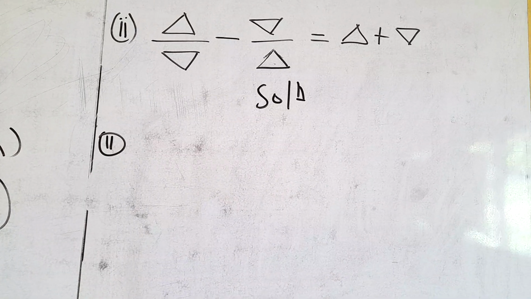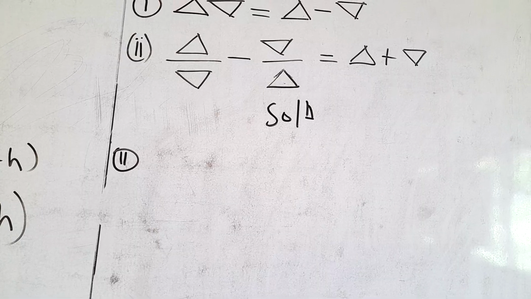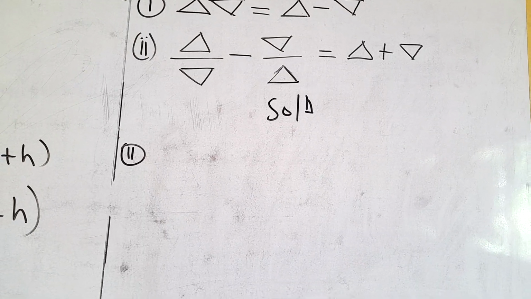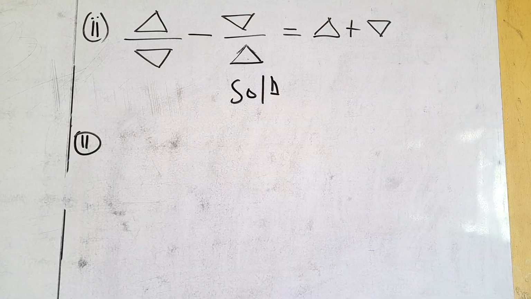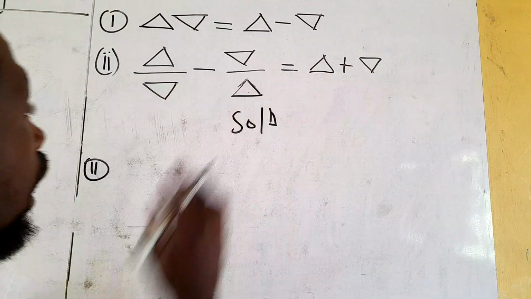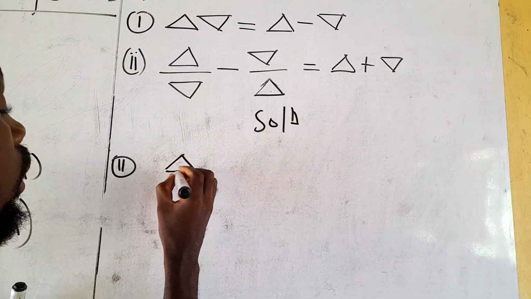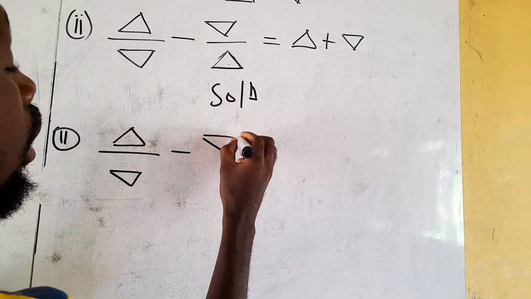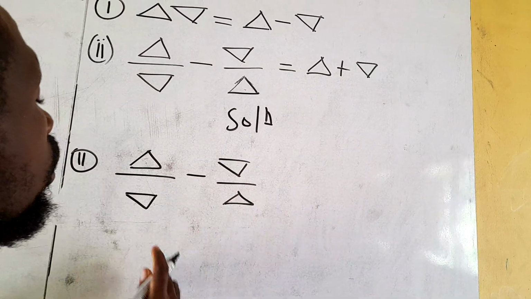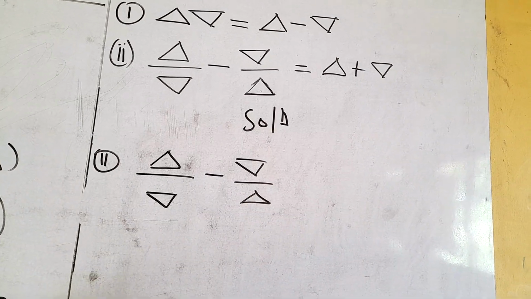So solve the second one, which is delta over nabla minus nabla over delta is actually equal to delta plus nabla. So what we do, I will use this side to prove that this is correct. So delta over nabla minus nabla over delta. So I'll find the LCM just like with solving fractions.